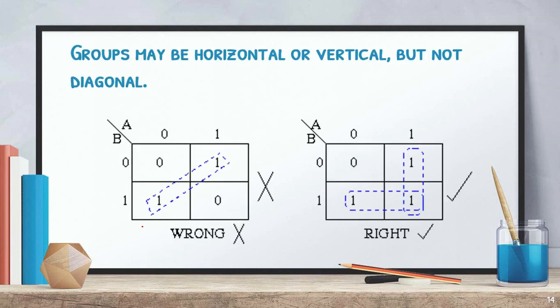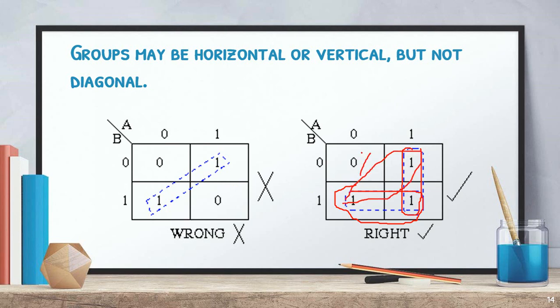The second rule is how to make groups. A group may be horizontal or vertical but not diagonal. That means here I can do it either vertically or horizontally, but we cannot do something like this diagonally. That is wrong.